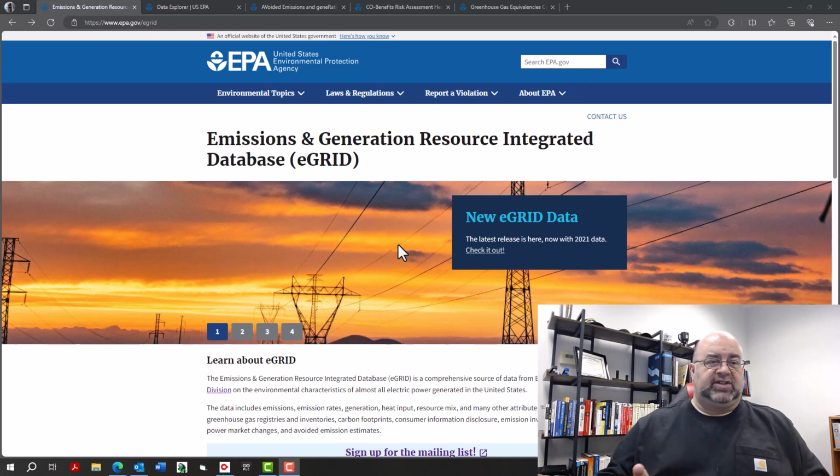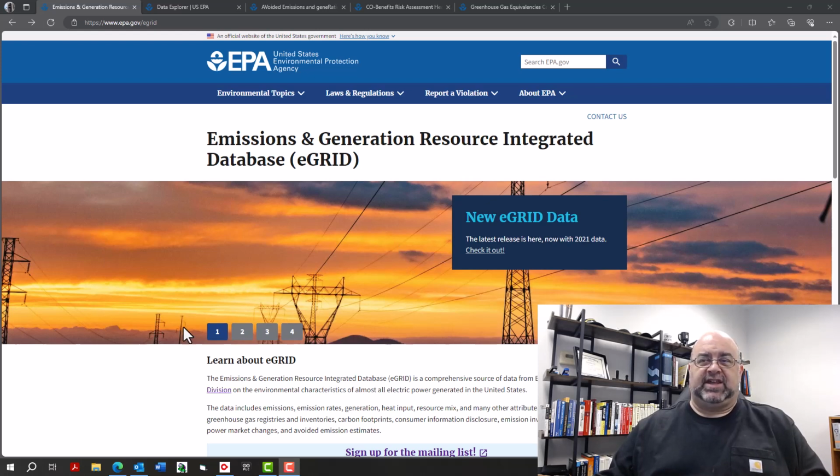Now, most of the US EPA work uses pounds per megawatt hour, kilowatt hour. I would recommend converting that to tons because the numbers seem more realistic or will appear more realistic to management.